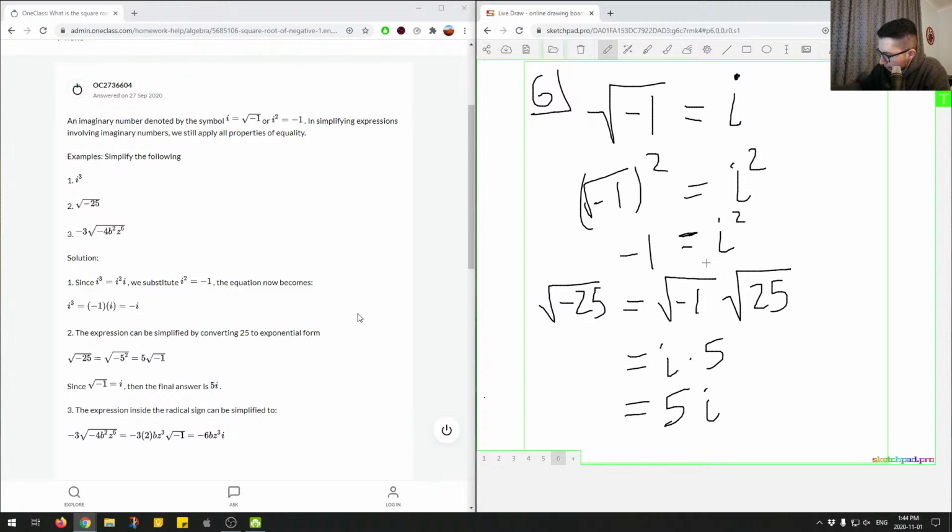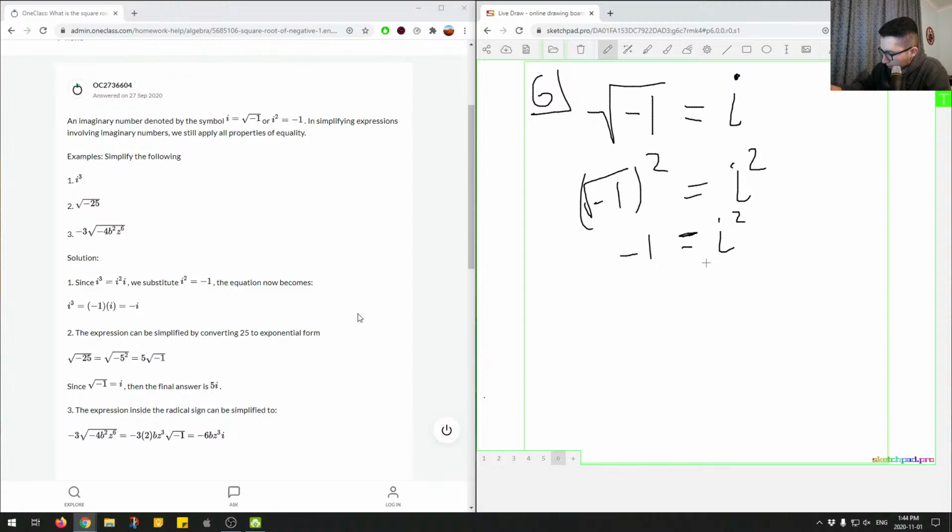And then finally, the last example over here is a little more complicated. We're given negative 3 times the square root of negative 4 b squared z to the power of 6. We'll do the same process.